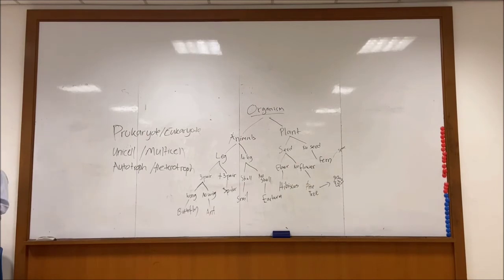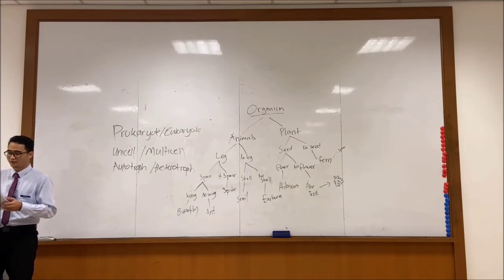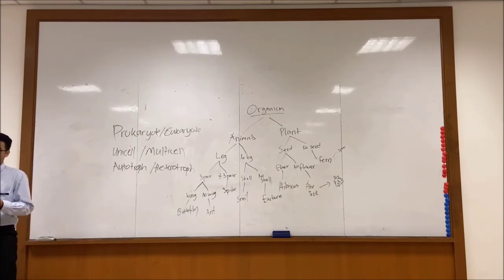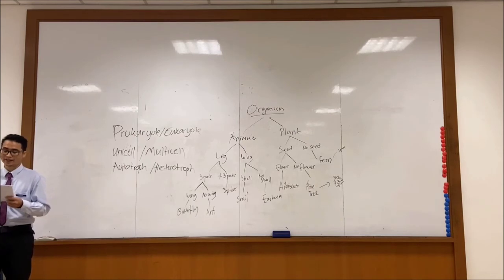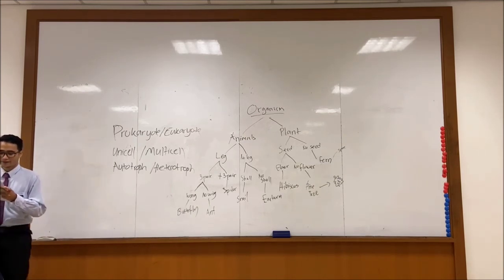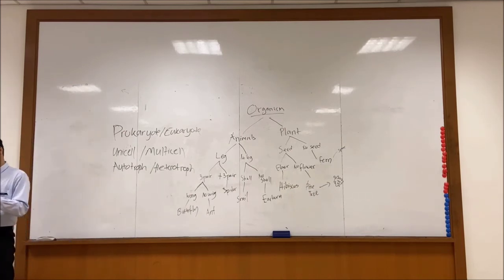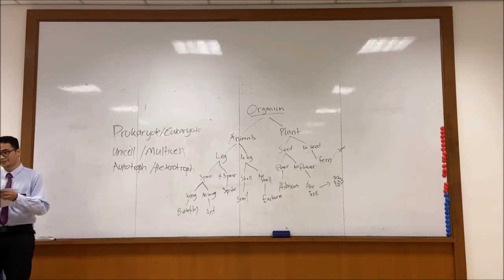From this chapter, we have learned about the systematic classification and the naming of organisms, and we have also learned the classification hierarchy based on the six kingdoms, and the main characteristics of each kingdom, and how to name based on the binomial nomenclature system.